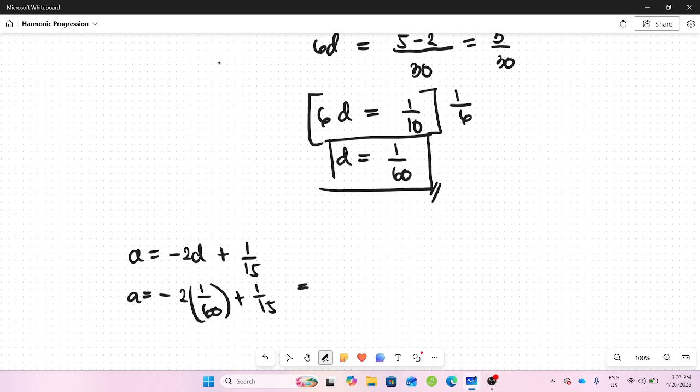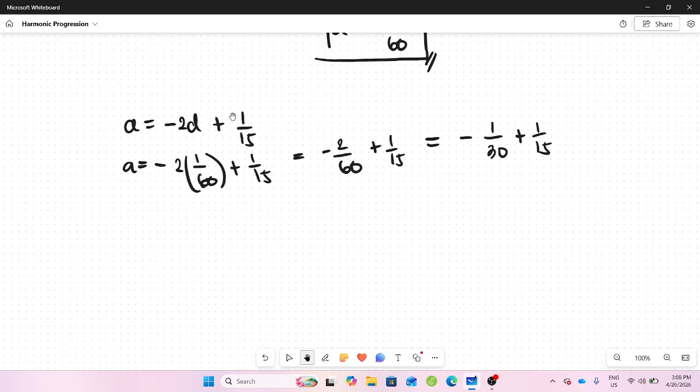So we have here negative 2 over 60 plus 1 over 15. So we have negative 1 over 30 plus 1 over 15. Let us continue.